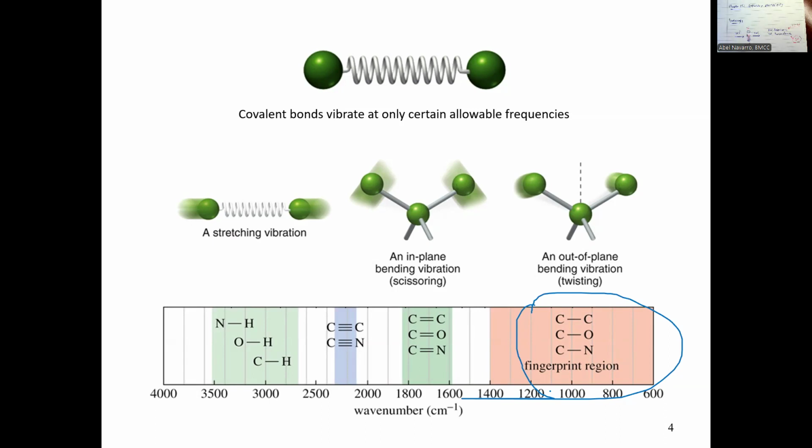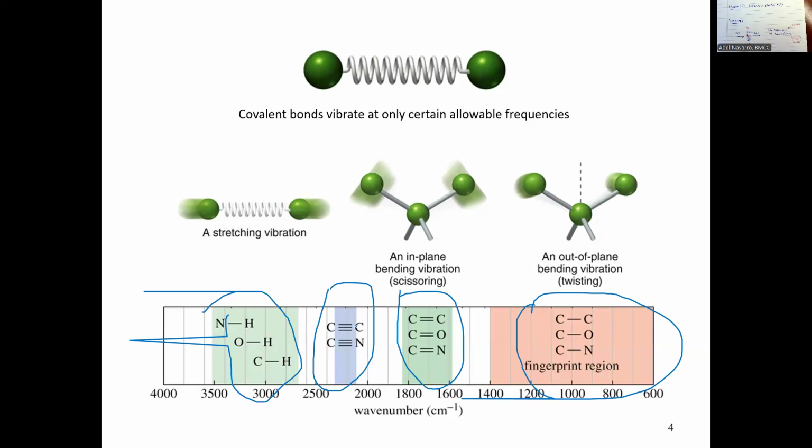So our IR analysis will be divided into 3 segments: the high IR, the medium IR, and the low IR. The fingerprint is the only one on the right, so we don't count it. Let's call them left, middle, and right. On the left side you will see the NHs, OHs, CHs.